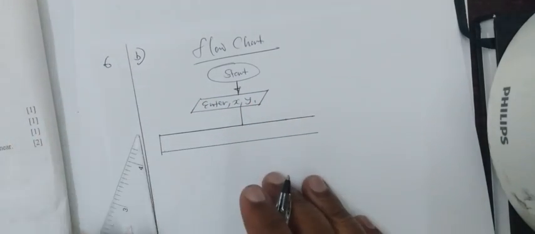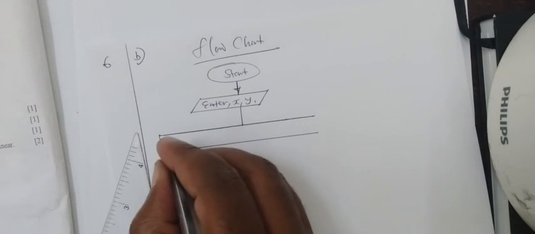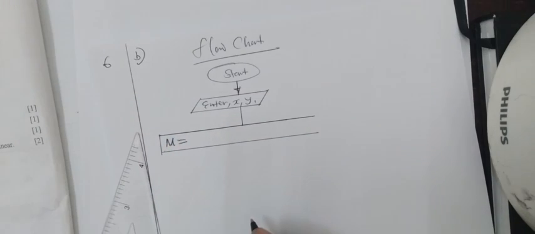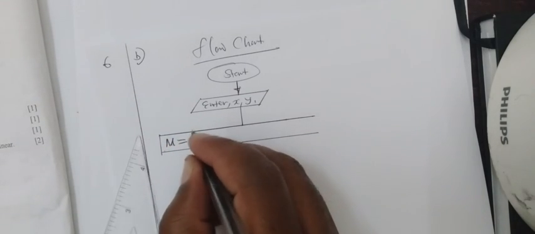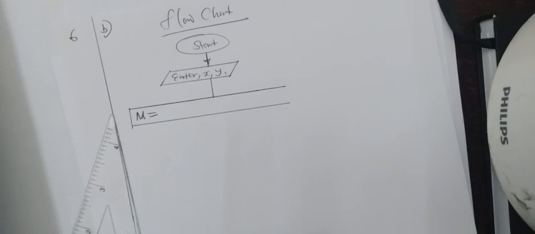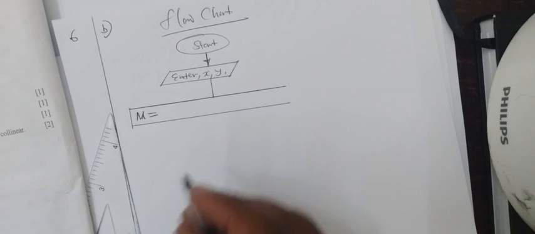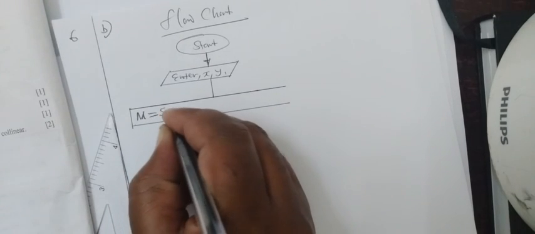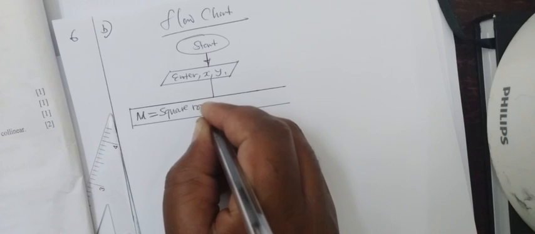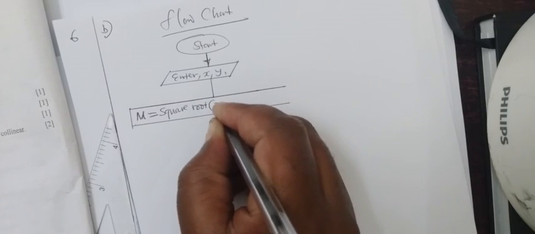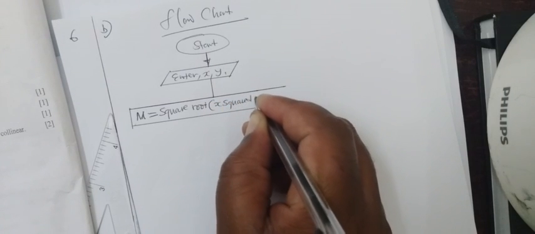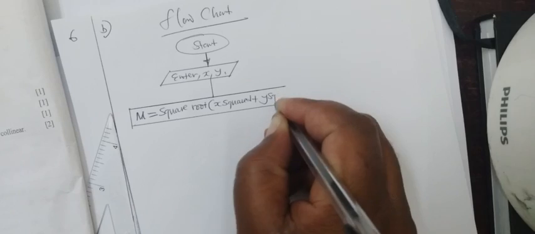So we are saying M is equal to the square root of X squared plus Y squared. You write it the way it is.